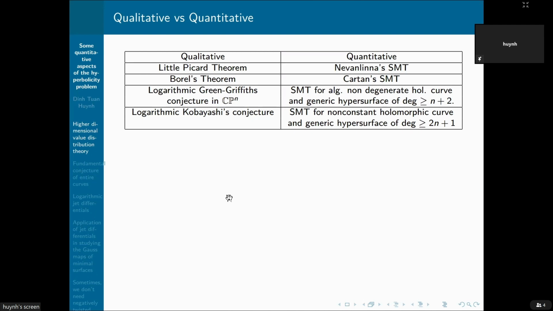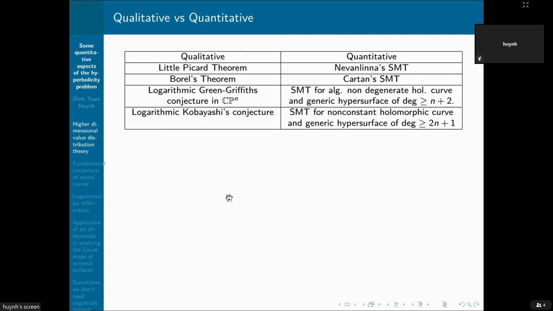Here in the table, you can see the correspondence between the qualitative aspect and the quantitative aspect of the hyperbolicity problem. For instance, in the one-dimensional case, the little Picard theorem tells you that a meromorphic function avoiding 3 distinct points is constant, and in the quantitative aspect, you have the Nevanlinna second main theorem estimate just mentioned above.